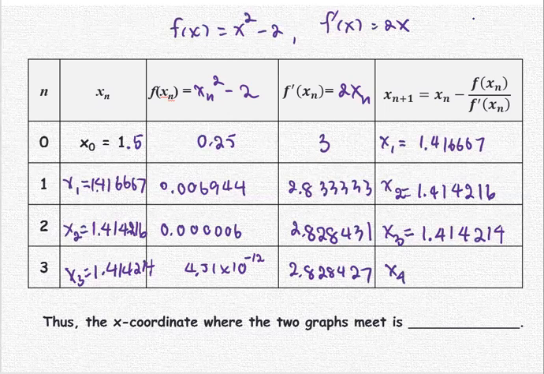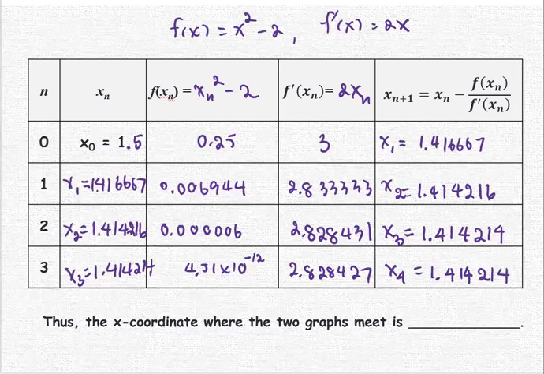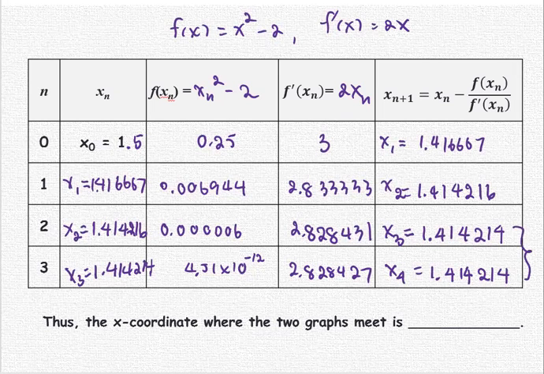Compute to get x4 as 1.414214. As the last two approximations have the same number, we stop the process at this step.